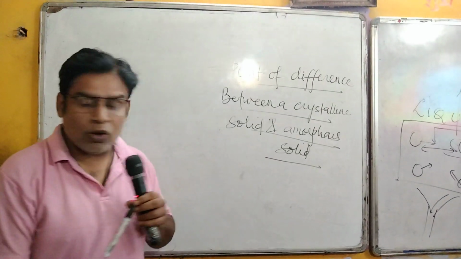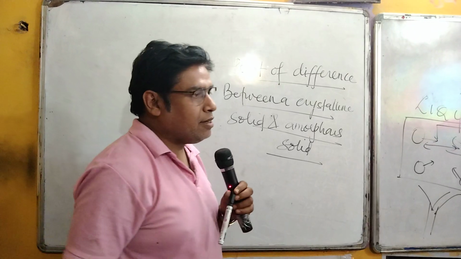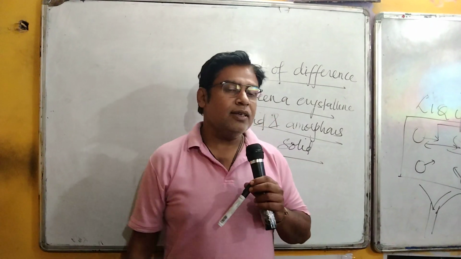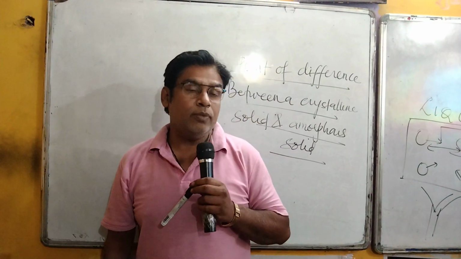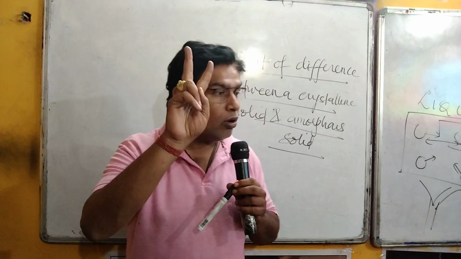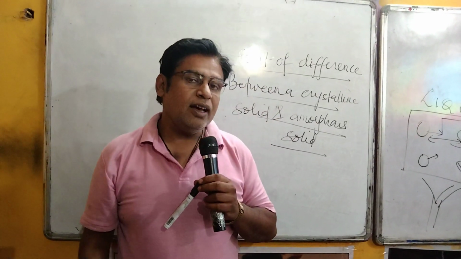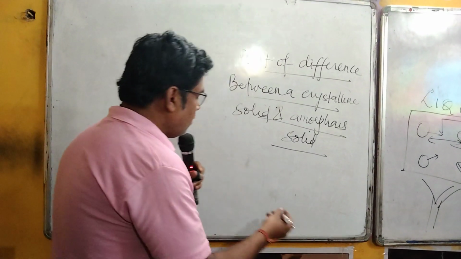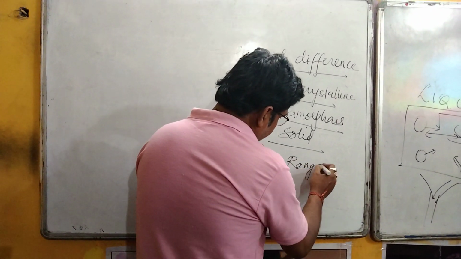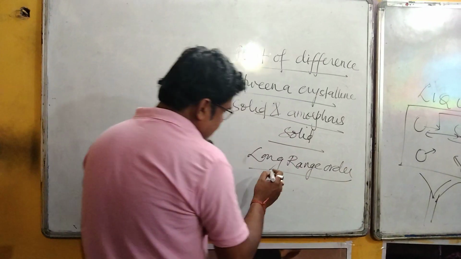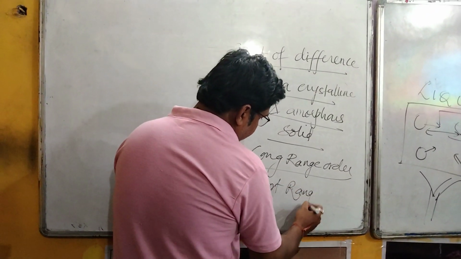In a crystalline solid, you will find that the particles, whether atom, ion, or molecule, are arranged in a definite geometrical pattern. And this geometrical pattern is on two bases: one is long range order and another one is short range order.